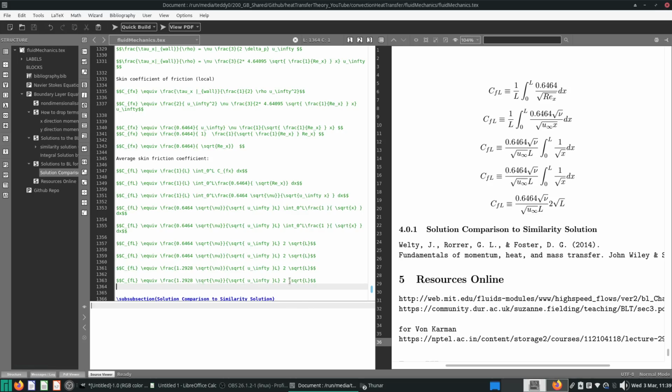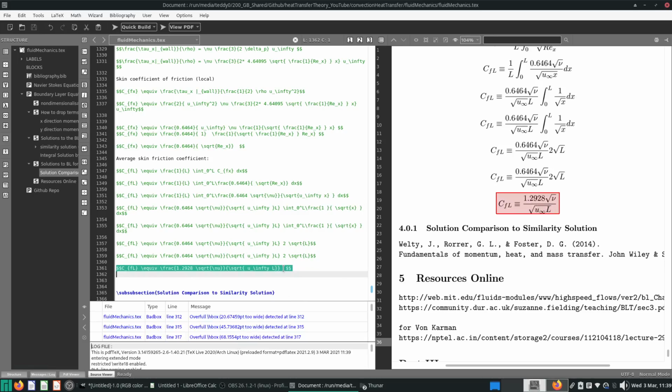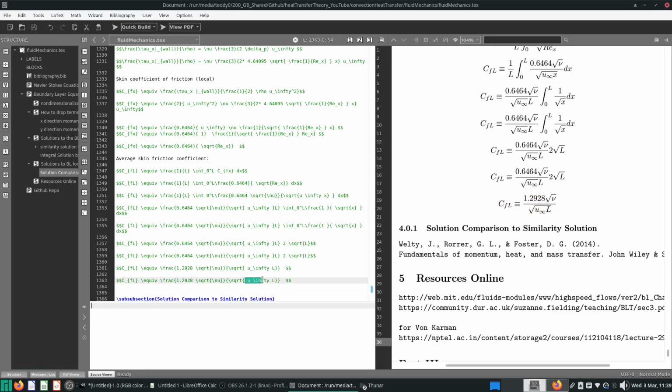So okay, I already did the multiplication. Let's take the 2 out, and of course square root L will appear at the bottom. Therefore, you will get a square root of Reynolds number at the bottom in the denominator here. And that's all we are doing.